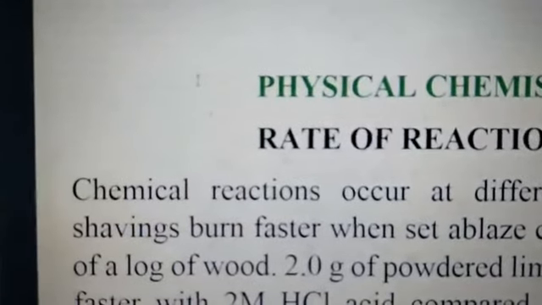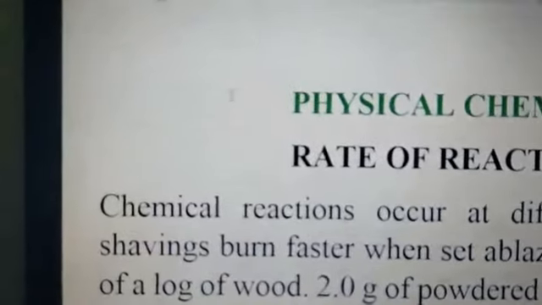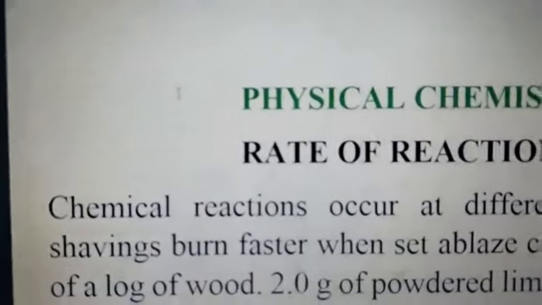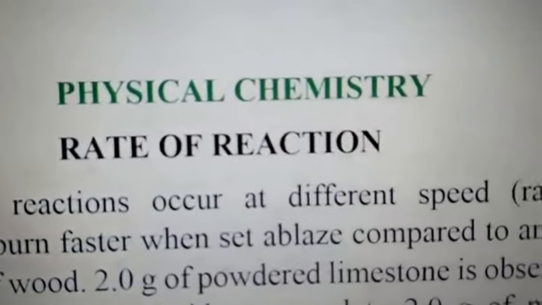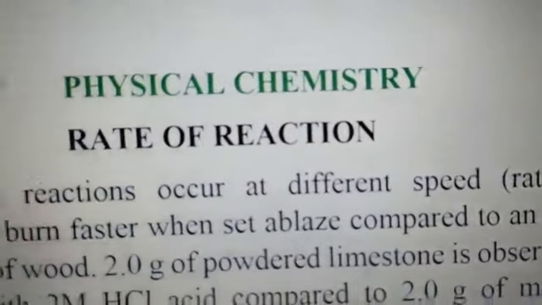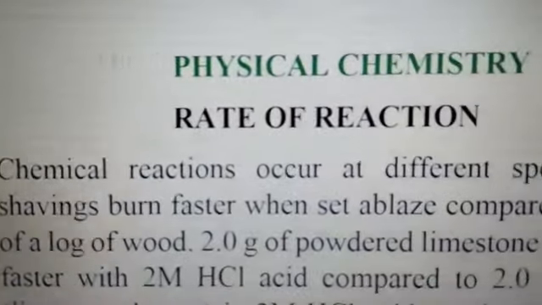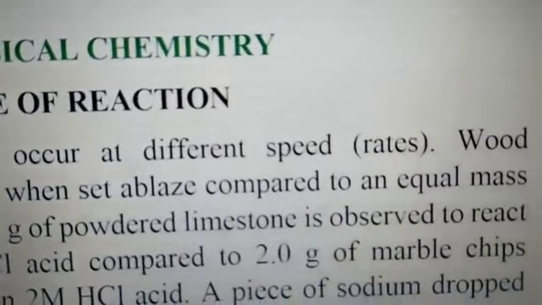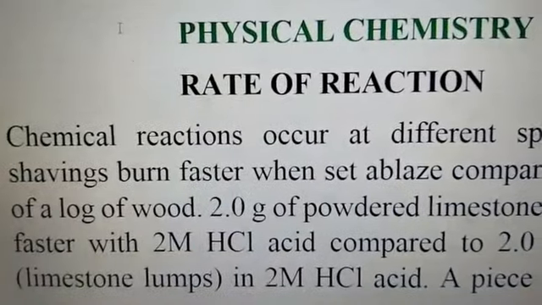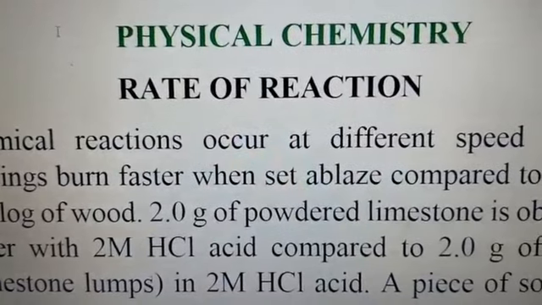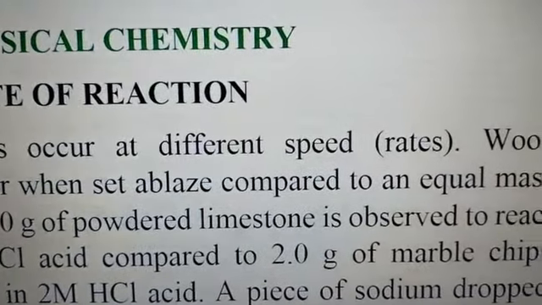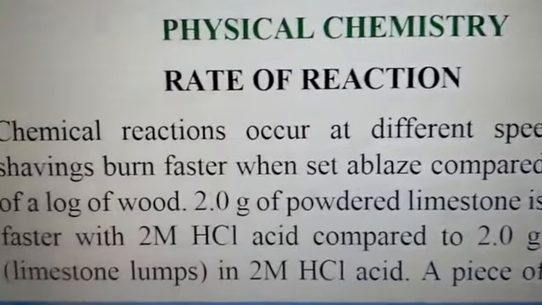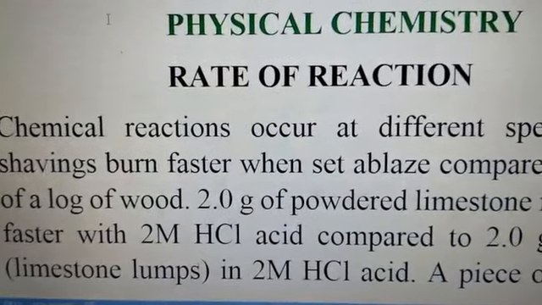So let's go to what we have. It says chemical reactions occur at different speeds or rates. Wood shavings burn faster when set ablaze compared to an equal mass of a log of wood.